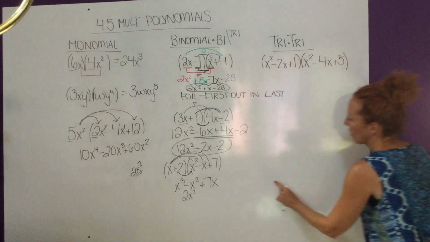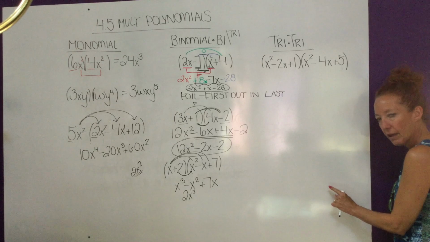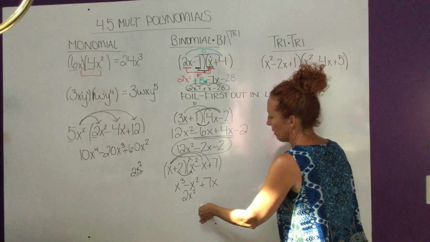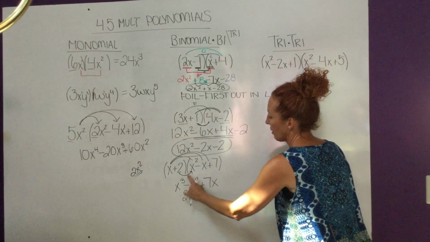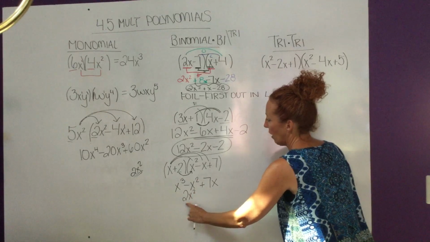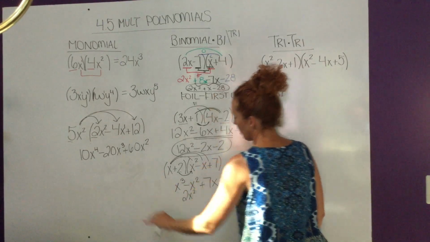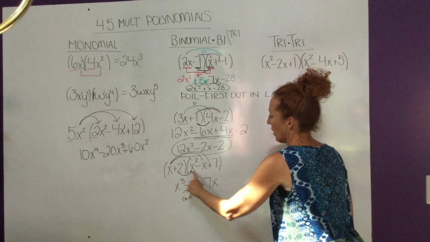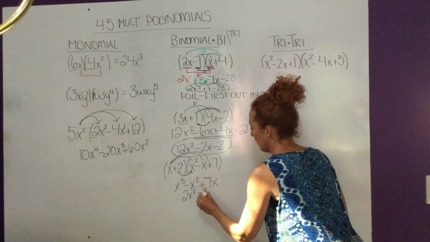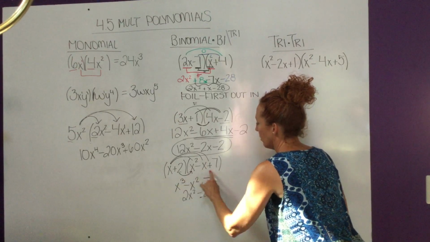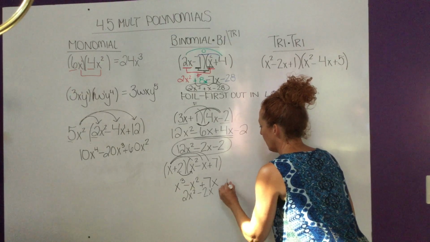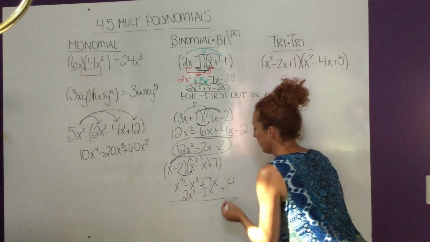You can write it all like one big line, but I think this way is a little bit easier. So 2 times x squared, put it underneath the other term, that's an x squared. 2 times negative x is negative 2x, and 2 times a positive 7 is a plus 14.